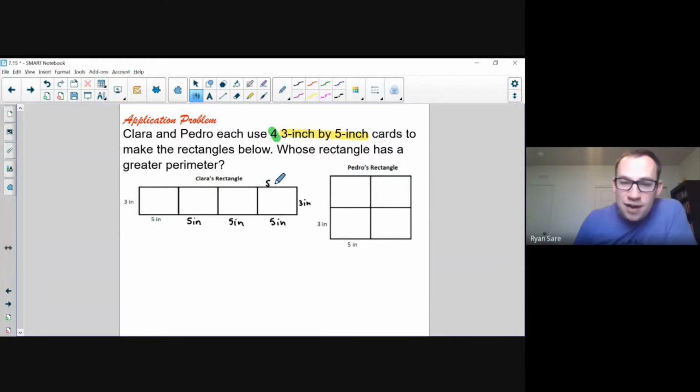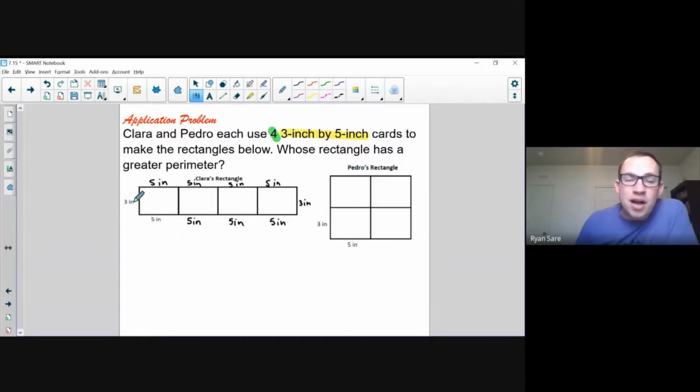This is another 5 inches, 5 inches, 5 inches, and 5 inches. And this would be a lot to add. 3 plus 5 plus 5 plus 5 plus 5 plus 3 plus 5 plus 5 plus 5 plus 5. It's just a lot of numbers. So we want to try to simplify this a little bit.